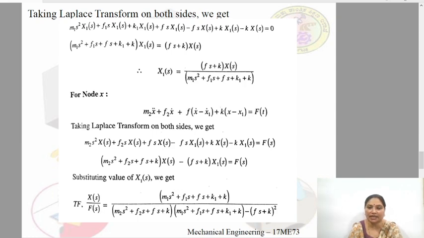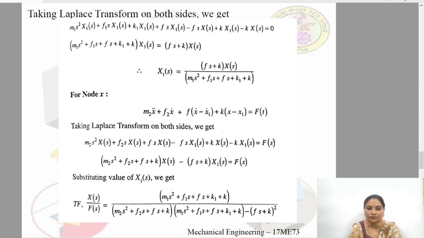After taking the Laplace transform and taking the common terms on the left-hand side, the equation obtained will be (m1 s square plus f1 s plus fs plus k1 plus k) inside the bracket, and X1(s) is the common term, which is equal to (fs plus k) and X(s) is again the common term.